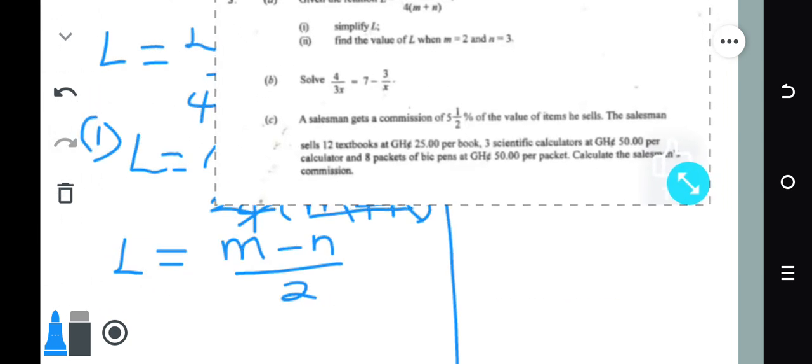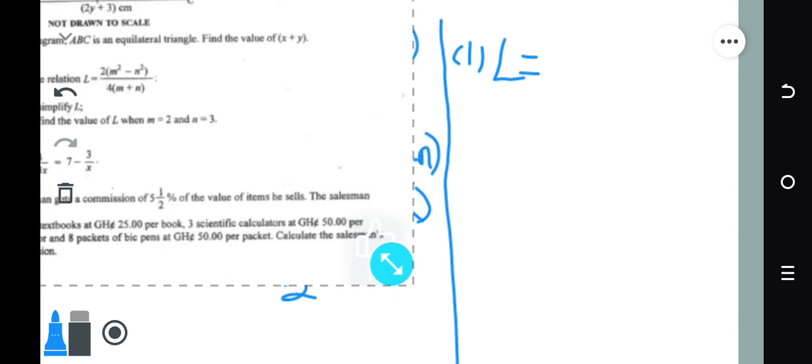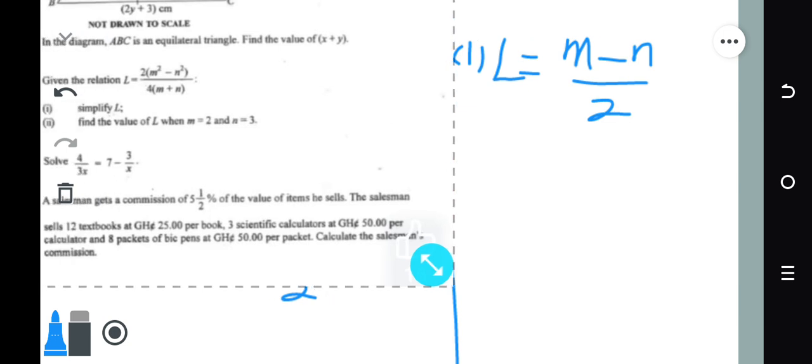Let's use the simplified version of the formula, L equal to (m minus n) divided by 2.